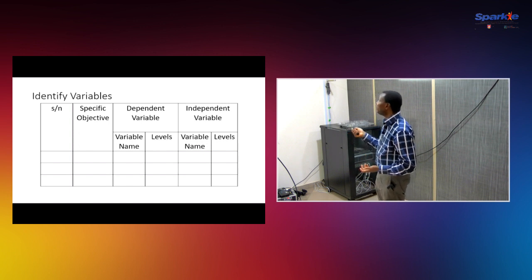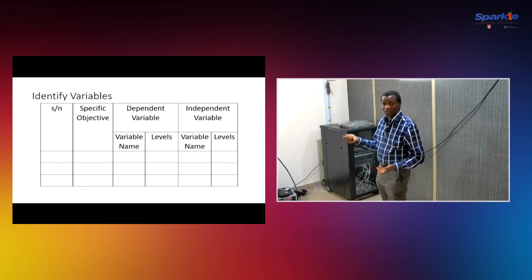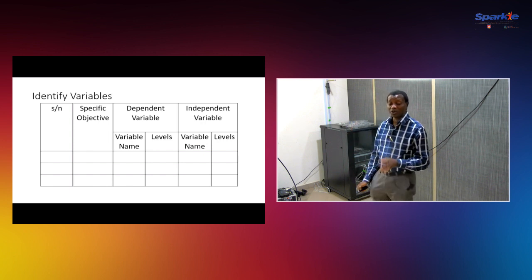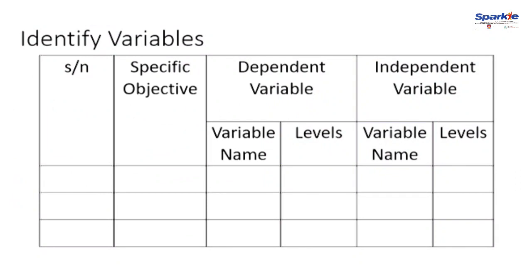Then the independent variable, the variable name, the levels, and you are done with specific objective number 1. Go to specific objective number 2, identify the dependent variable, the independent variable. Most of the time, if your work has to do with one dependent variable, then you have the same thing here. Is that clear? All right.